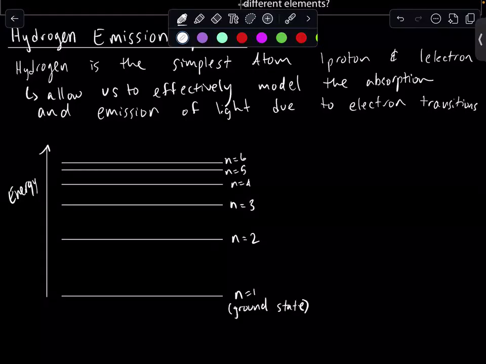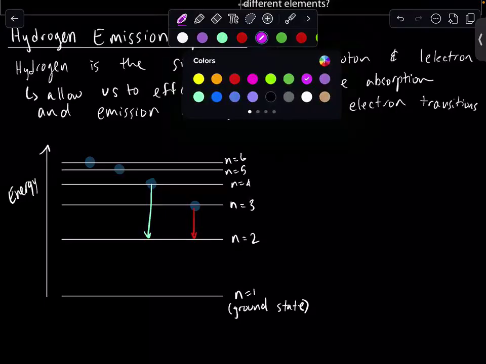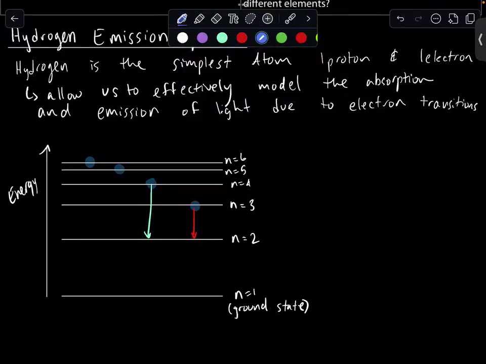Now, the first thing that we do have to know is any electrons that transition from n equals 3, 4, 5, or 6 and fall to n equals 2 produce visible light.